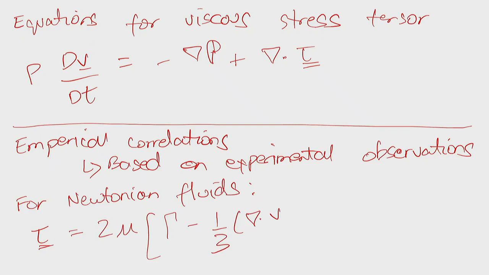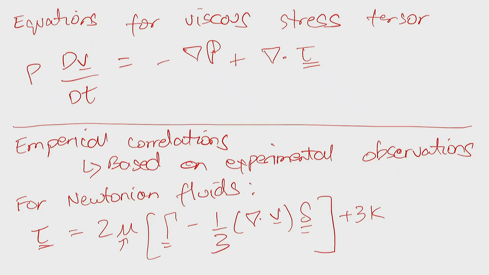So the first term in the bracket is the same as that we just derived. This is the term that contains the shear stress. And there's another term. I'll talk about what mu and kappa are in a second.